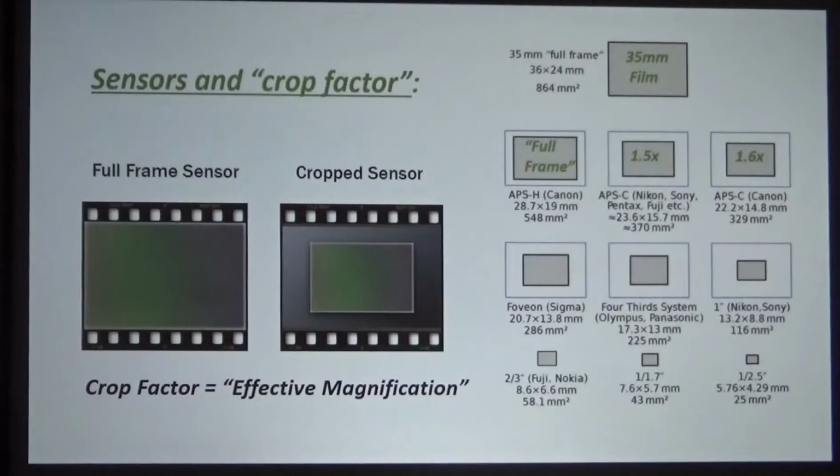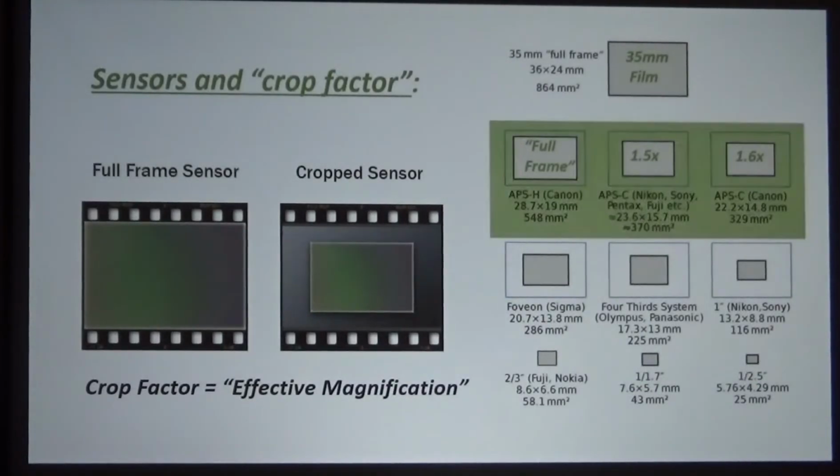Well, when we talk about sensors, that's the heart of the camera other than the lens itself. And basically the camera's a light box, so the heart of it is the sensor. A lot of these smaller sensors here were present when you had a lot of the point-and-shoot cameras. There are still point-and-shoot cameras that do have these smaller sensors in them. The ones we're going to be talking about tonight are these here.